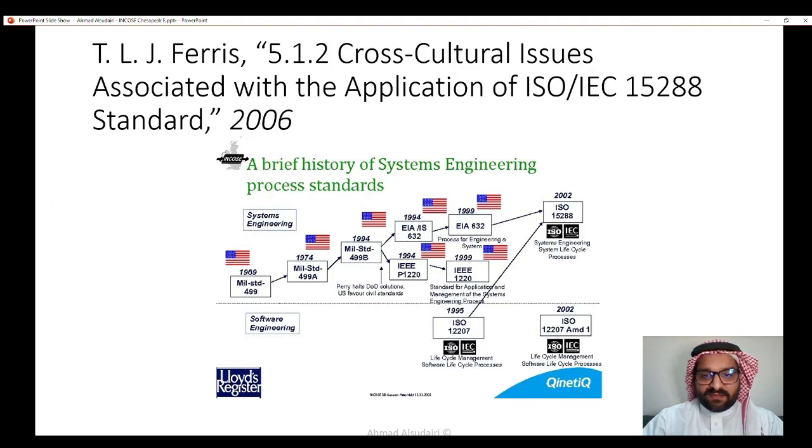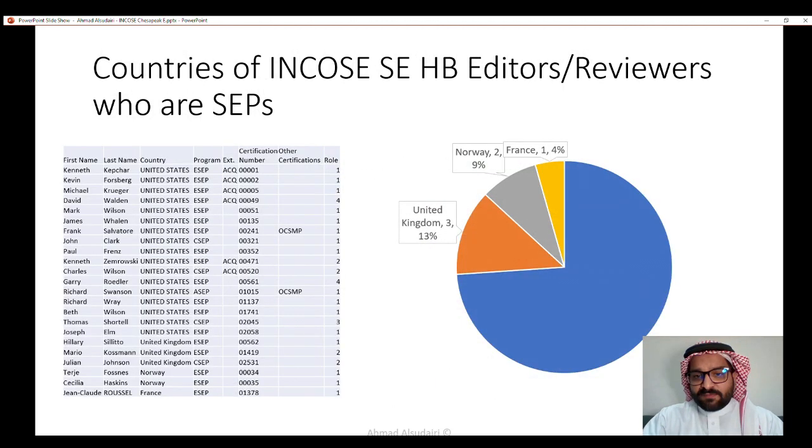He elaborated that the derivative of the ISO 15288 standard is all large complex projects from the United States, either from the technological or computer domain, or also from military standards. Also, another aspect is the authors of ISO 15288. So I made a small effort by collecting all of the INCOSE Systems Engineering Handbook editors and reviewers who are SEPs.